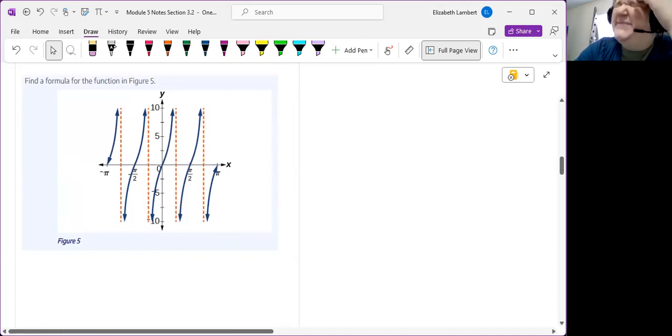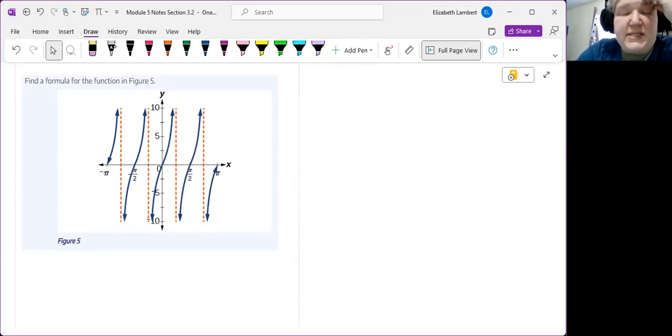And then this one. Now again, you're not going to have to fully do this, but it doesn't hurt to think through it. All right, so our graph is still starting at 0, 0, so there's no shifting.